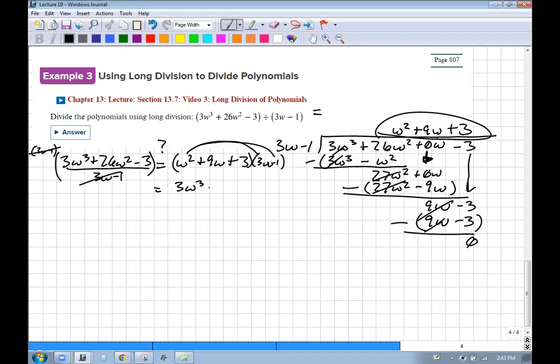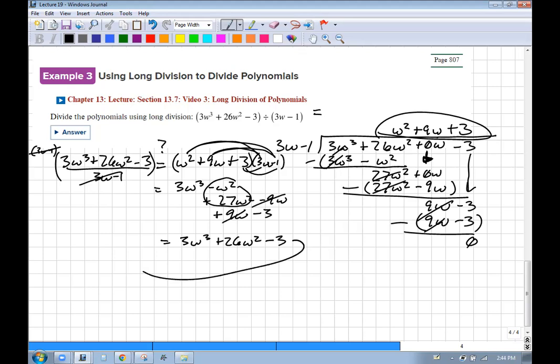We got a w squared times a minus 1. 9w times a 3w gives me 27w squareds. 9w times a minus 1. A 3 times a 3w. And a 3 times a minus 1. We have a 3w cubed. These are like terms. We have 26. These cancel, and then a minus 3, and this is the same as that. So they are equal. And we did it right.